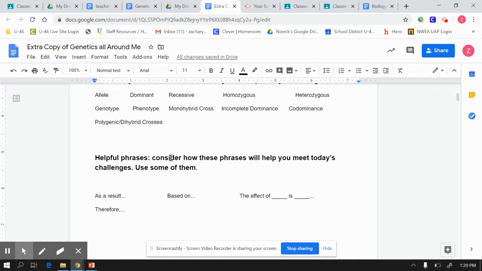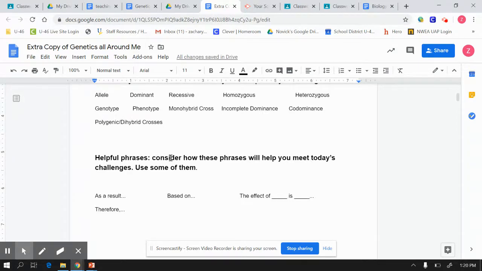Writing for science could make you want to use the phrase "as a result" or "based on" to describe evidence and the conclusions. Another good one is "the effect of blank is blank." Another great way to communicate cause and effect. "Therefore" is amazing for describing the relationship between evidence, the reasoning you're using, and your conclusion.